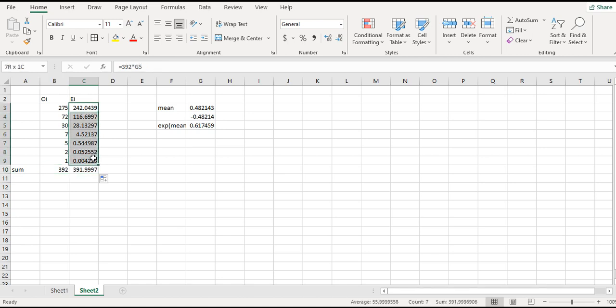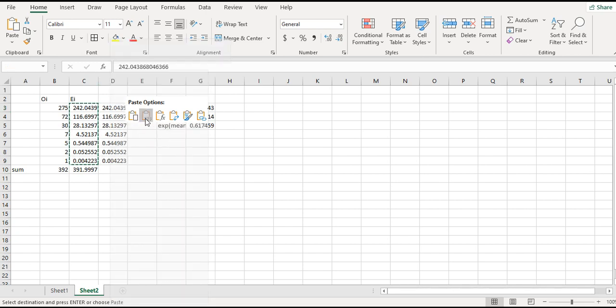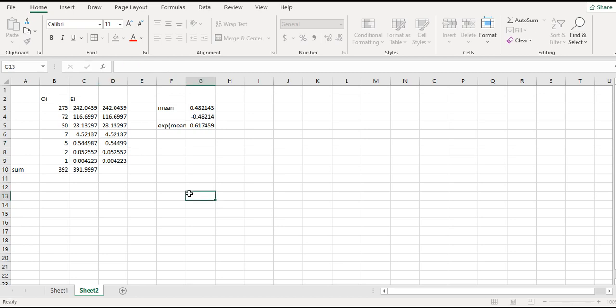I simply copy this value, Control C, and paste it as a value, Control Shift V, right? And I am considering it as 0.99. That's it.